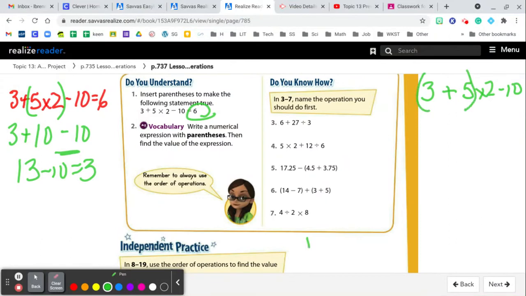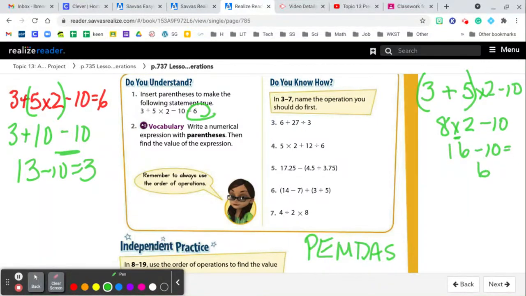Now, when we follow order of operations, we can actually add before we multiply because we do what's in the parentheses first. So let's try this. 8 times 2 minus 10. Multiplication comes next. 16 minus 10 equals 6. So that's how we solve that one.